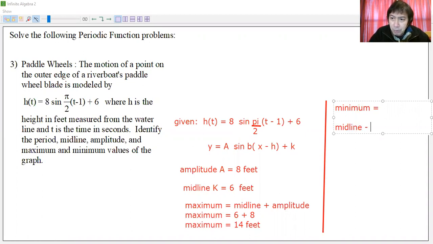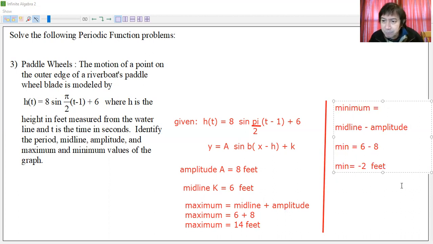Let's abbreviate that: min is equal to midline, our midline is 6, minus our amplitude, that's 8. So we will have a negative answer here. Minimum is equal to negative 2 feet. There.